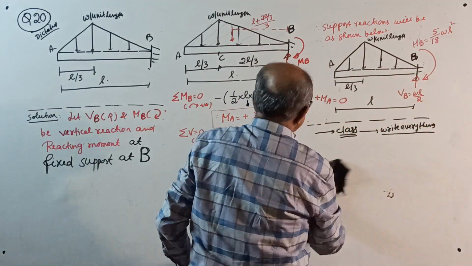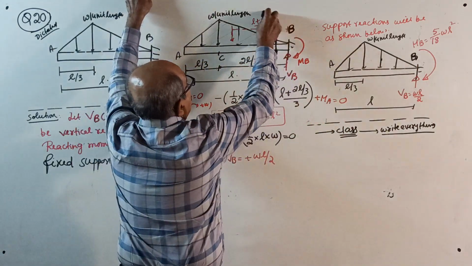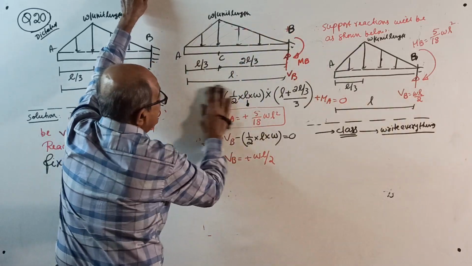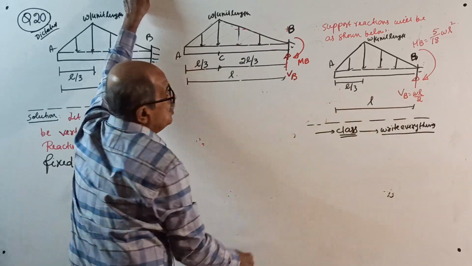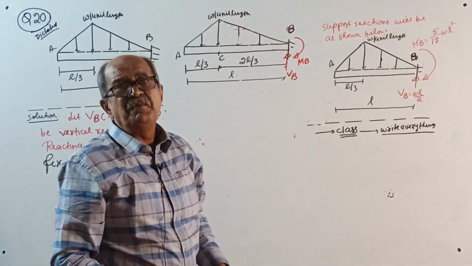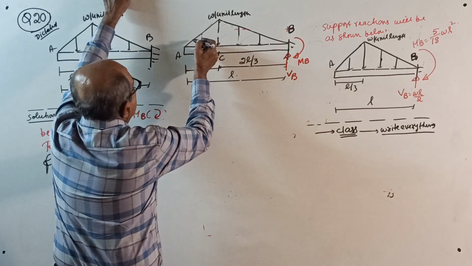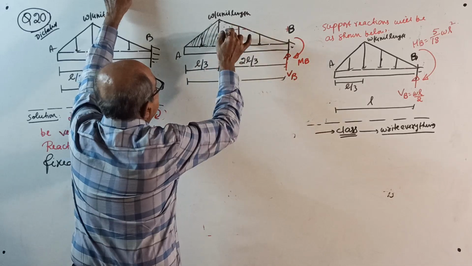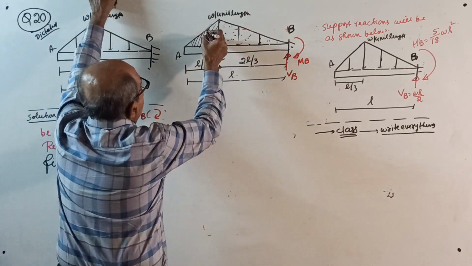Now make a note. People who find difficulty with this formula, no problem. For them, write a note. For those who do not remember those formulas, what you do is, this is one triangle. Take a triangle here. This is another triangle. This total load is acting here.